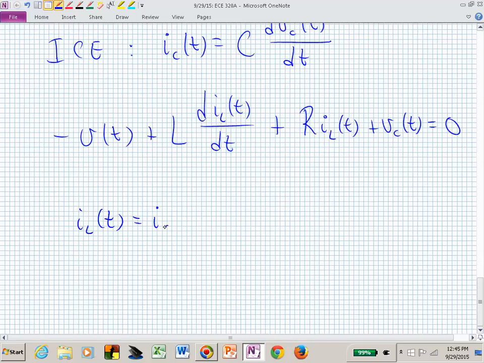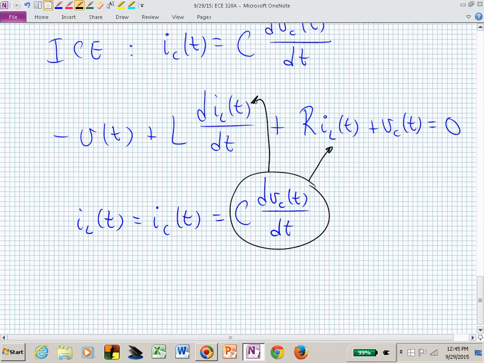That allows us now to say that if I want to eliminate I sub L in this equation, I can simply see for this circuit that that's the same as the capacitor's current, which is C dV sub C of t dt. So everywhere that I have an I sub L, I will replace that with this. And then the only variables in that differential equation will be the forcing voltage V and the capacitor voltage V sub C. Let's do that.